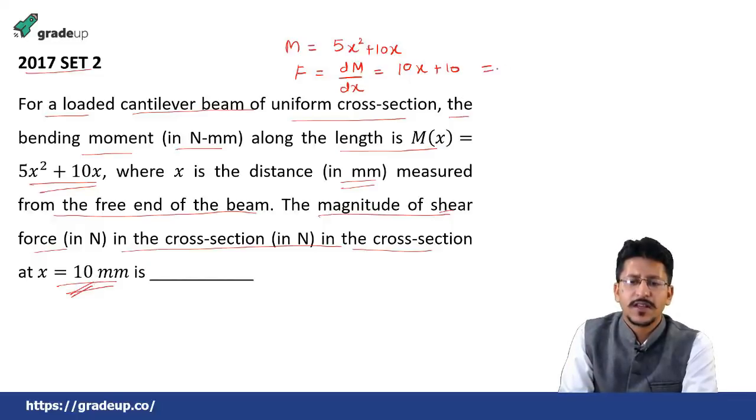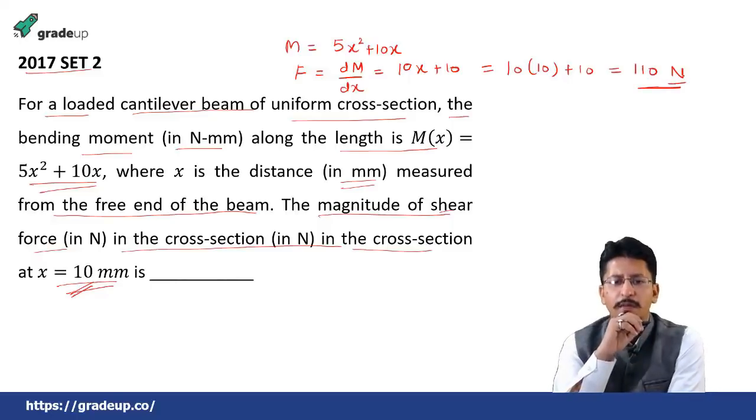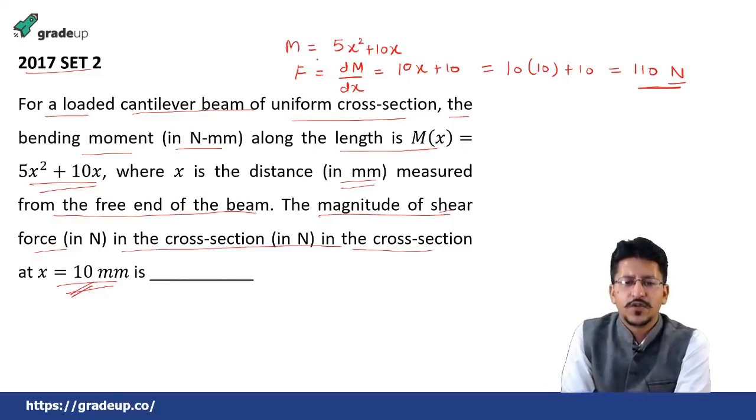Just putting x equal to 10, 10 into 10 plus 10 gives you 100 plus 10, that is 110 newtons. This is just a one-liner problem, nothing much to be done, you just need to know this, and your answer is 110 in newtons, because this is given in Newton only.